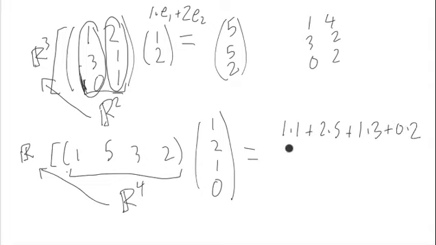And we end up getting 1 plus 10, so that's 11, plus 3 is 14, plus 0, so just 14 right there. So we've just run through 2 examples which show us how to use a matrix function with a vector input to see what the output would be.